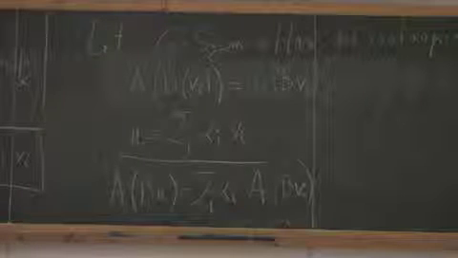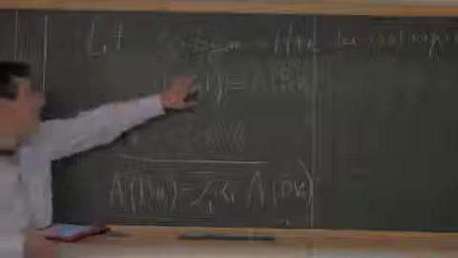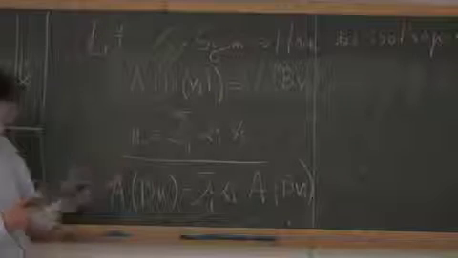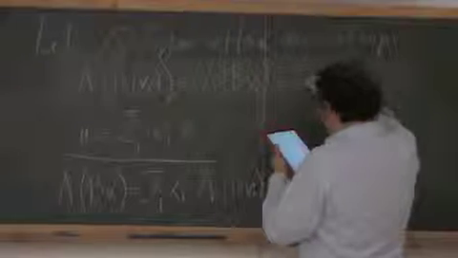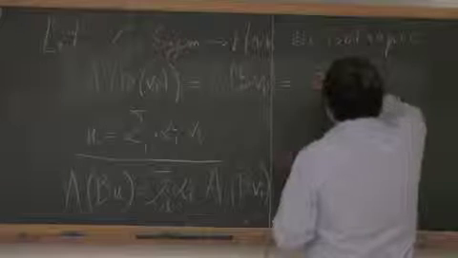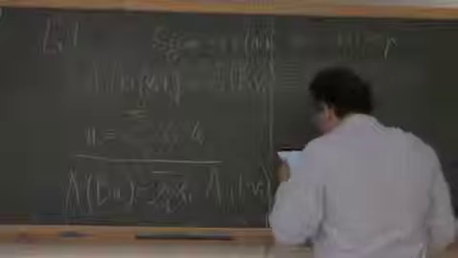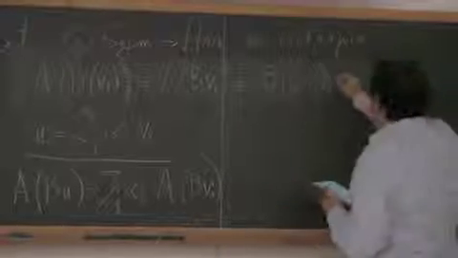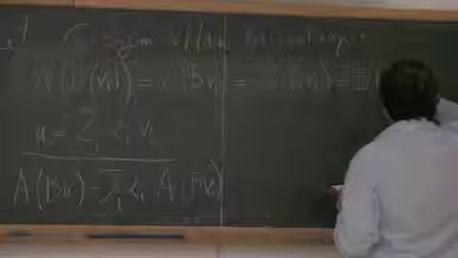So I have written that B V_i is an eigenvector of A. So this is equal to B lambda_i V_i, and lambda_i V_i is equal to A V_i.